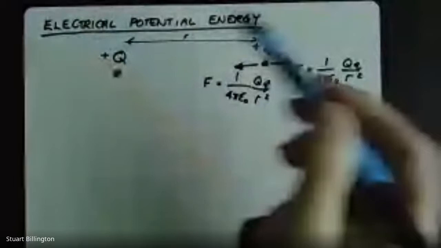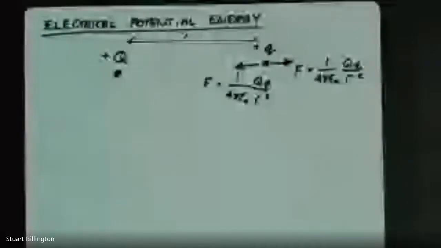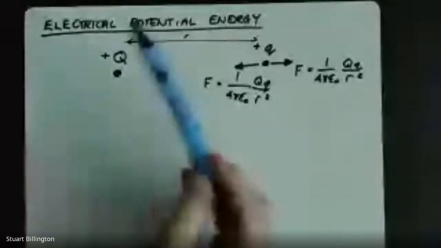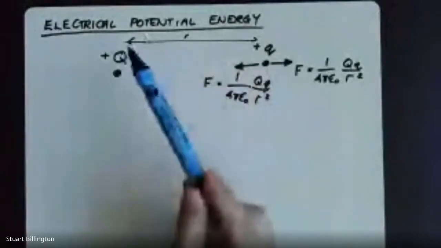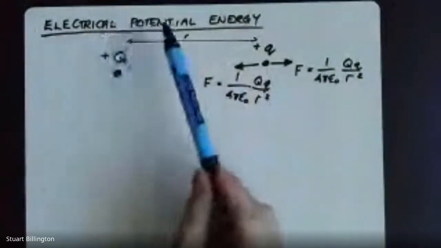And we're going to give that little pot of energy a name, because after we have stopped applying the force, we've gone away and left the charge where it is, it has associated with it what we are going to refer to as the electrical potential energy.